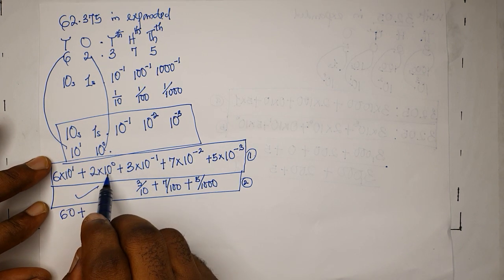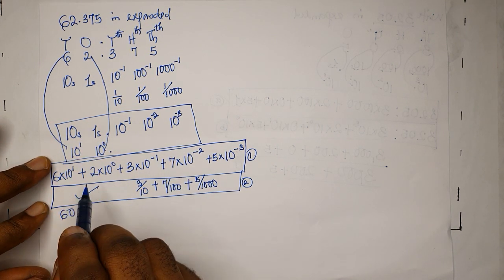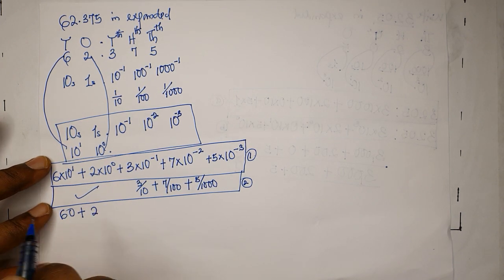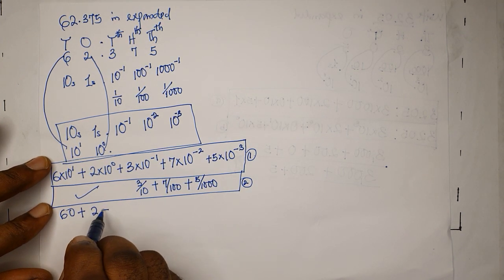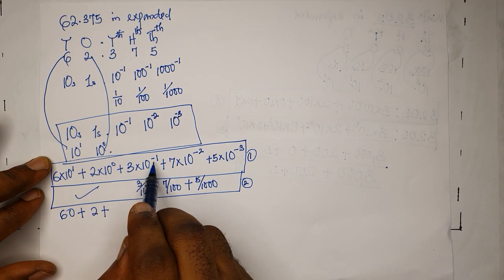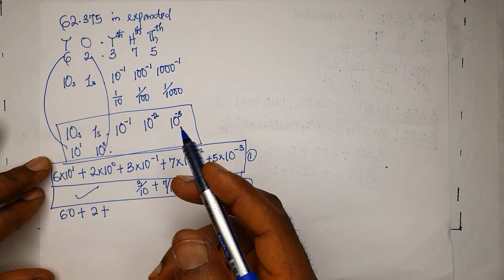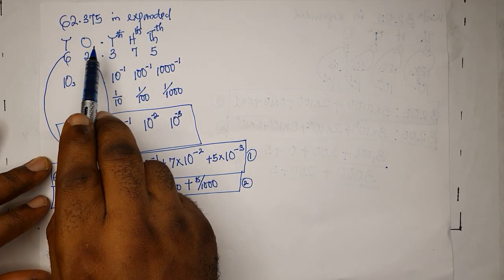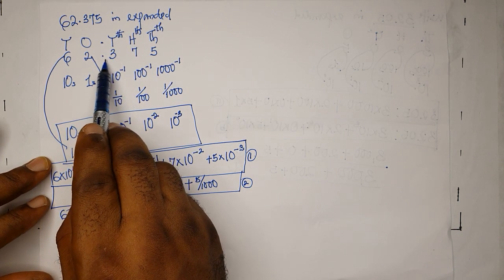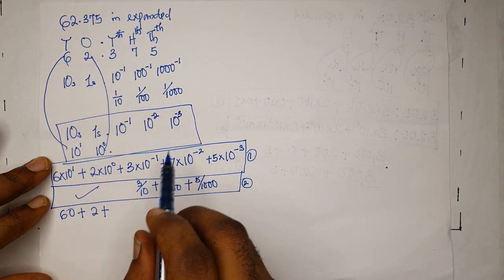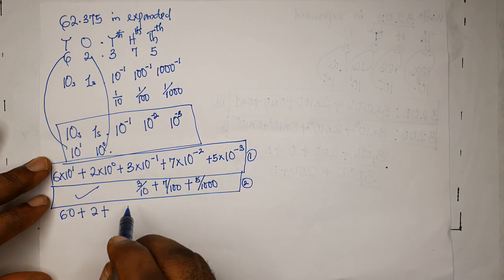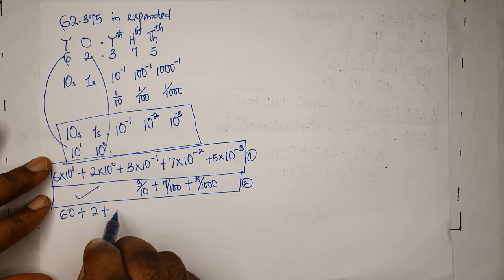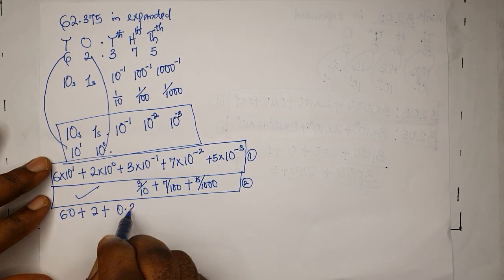We already know that 10 raised to the power 0 is 1. So 2 times 1 is 2. Leave it there. Add, next one. Now this is 10 raised to the power negative 1, which is represented as 0.1 because it comes as the first digit immediately after the decimal point. Therefore, 3 times 0.1 leaves us with the same thing as 0.3.